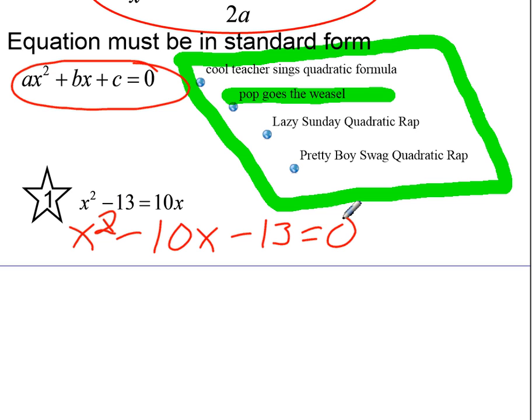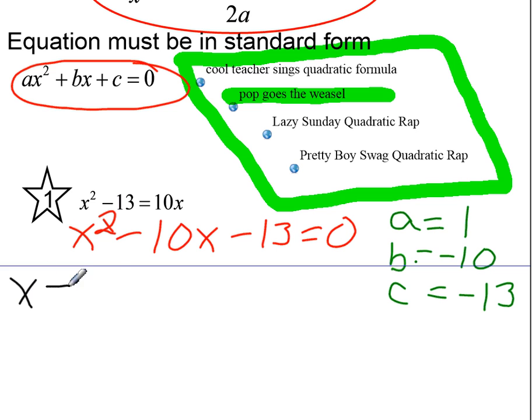So now it's in standard form, and I'm just going to plug in. Of course, I hope you know that a equals 1, b equals negative 10, and c equals negative 13. All right, so here I go.